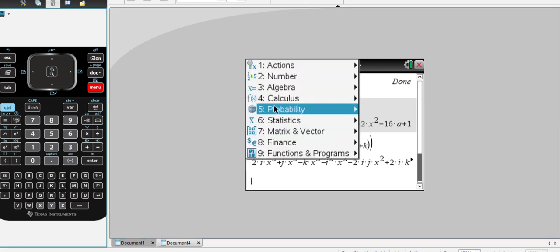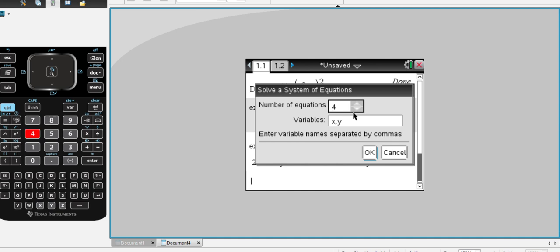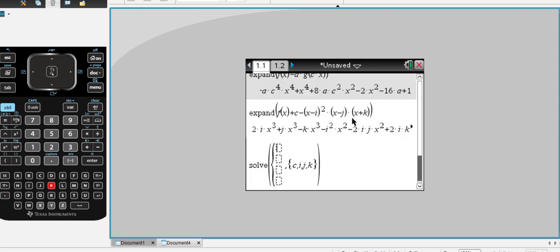So what we're going to do is we're going to go menu 3, 7, 1. We're trying to solve for 4 different variables, and those are c, i, j, and k. So if we look at the x cubed, we need 2i plus j minus k to equal 0.